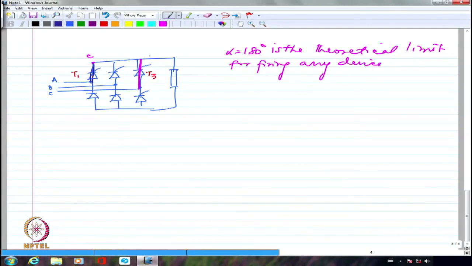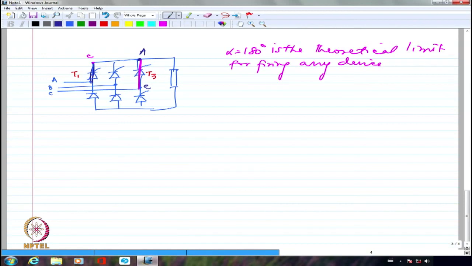So now this A will come here. Once A comes here, we have to see whether VAC is able to reverse bias the outgoing device. The outgoing device has at least some turn off time. It may have 50 microseconds, 100 microseconds, 120 microseconds, whatever. So for that duration, I have to make sure that it is reverse biased and recombination takes place.